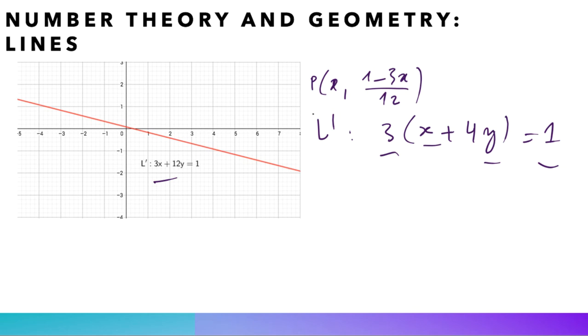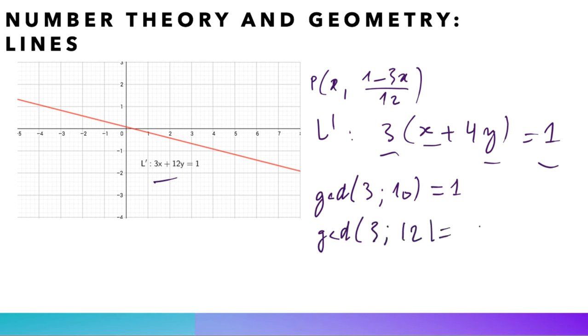Interesting, right? Why do they behave so differently? The reason, as we shall see in depth in future lectures, is that the GCD of 3 and 10 is 1. GCD here refers to greatest common divisor, and the GCD of 3 and 12 is 3.